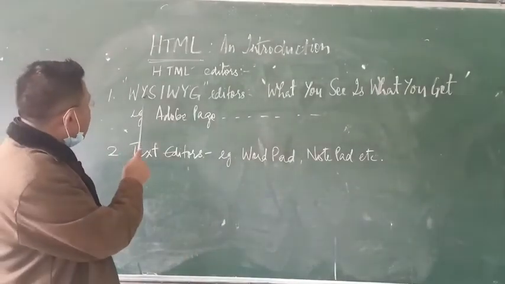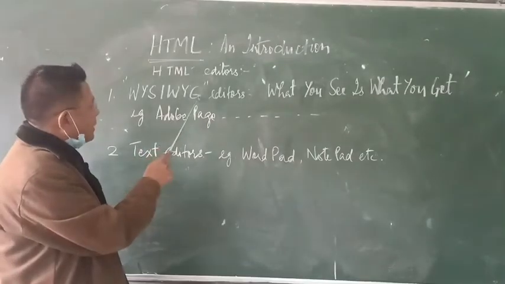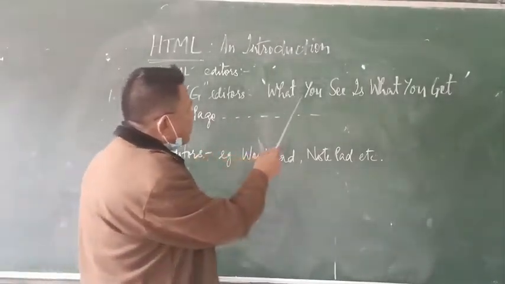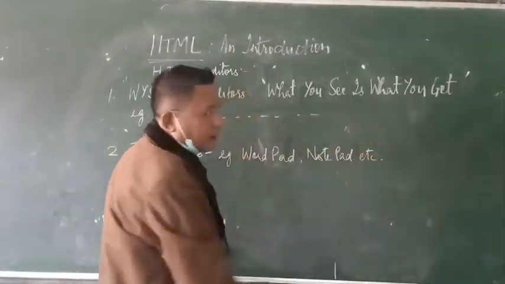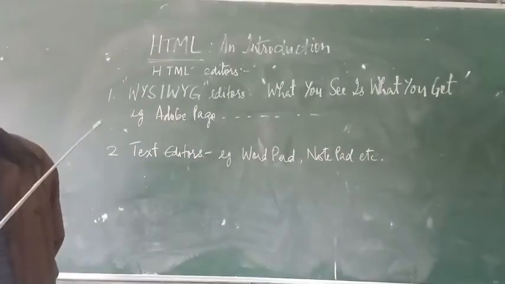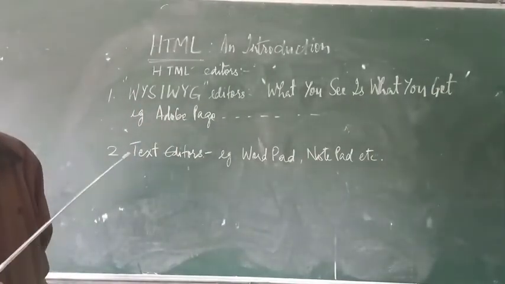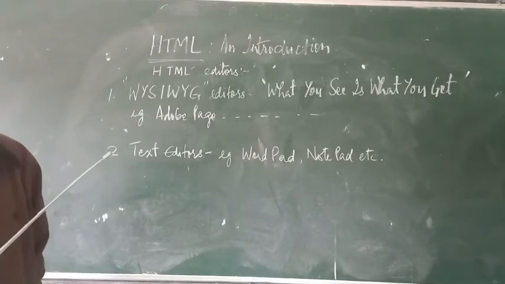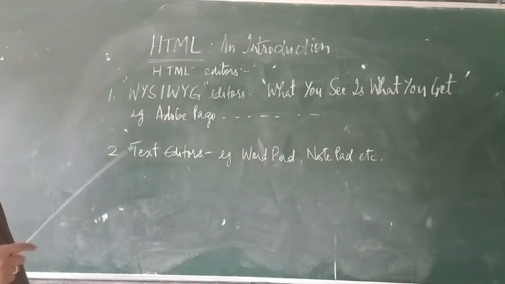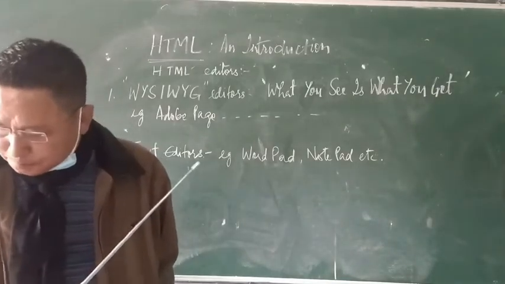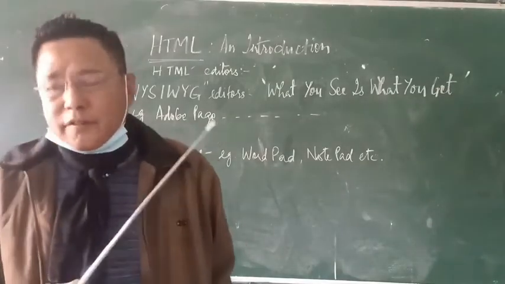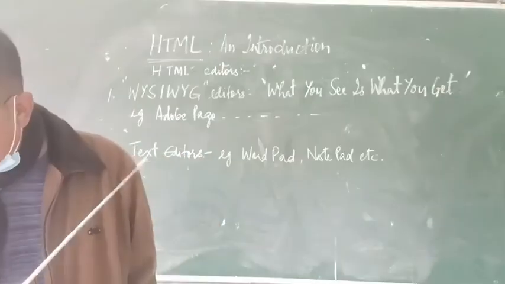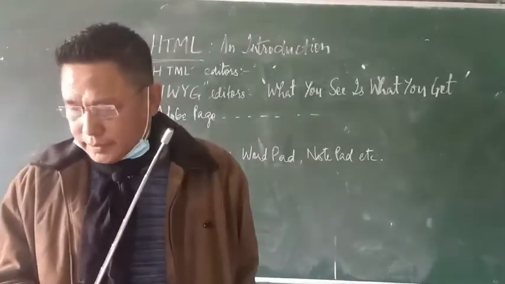Now WYSIWYG means what you see is what you get. Just as the name itself implies, it's a graphic user interface, okay? Which makes it very, very easy for you to create or design a web page.